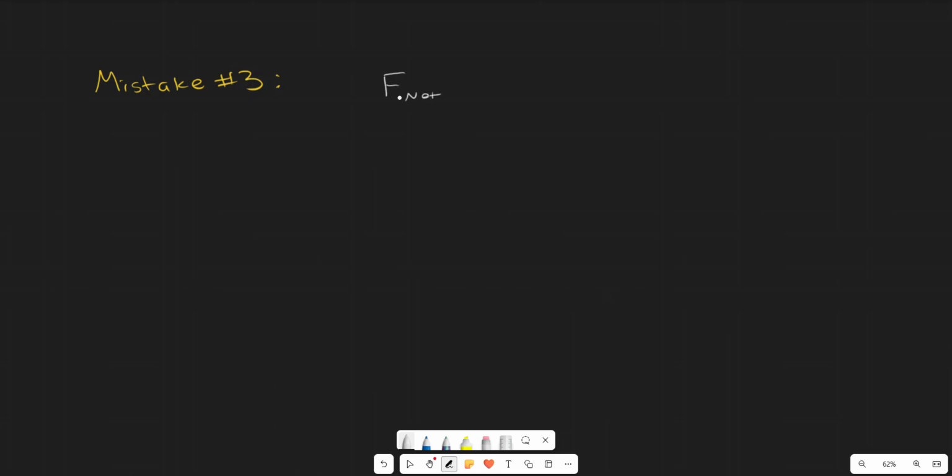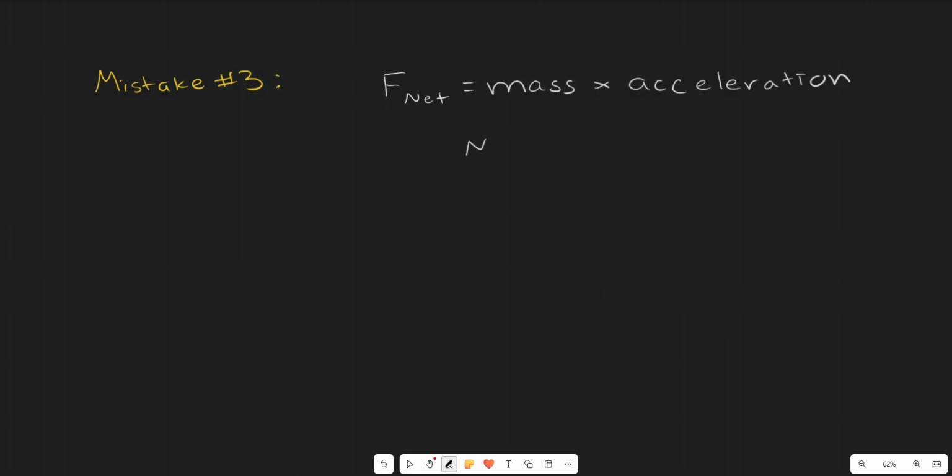F net is equal to mass times acceleration. So this is just Newton's second law. But what is the mistake that's made with this law?